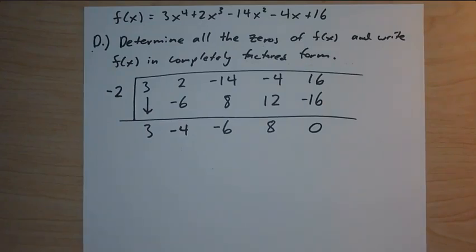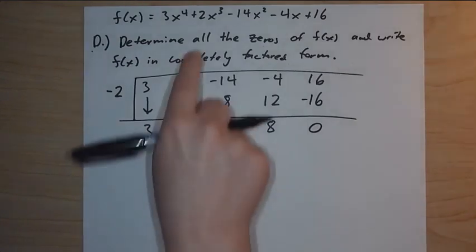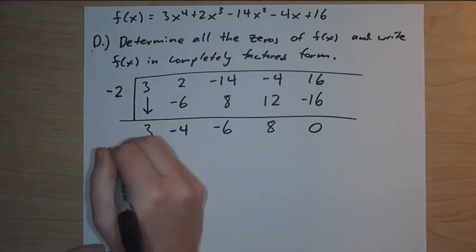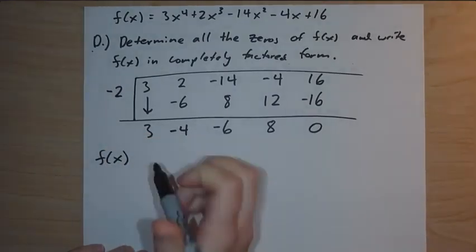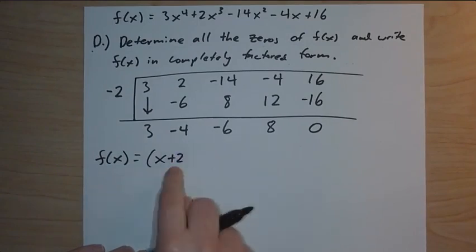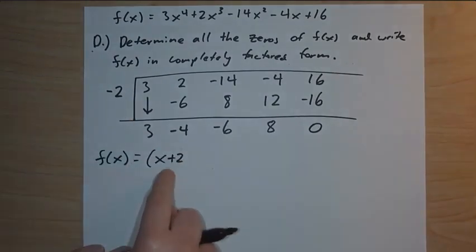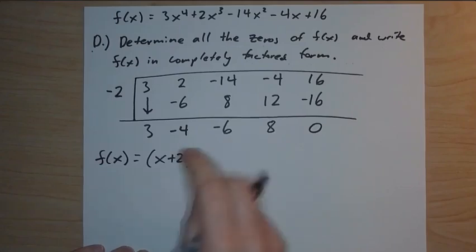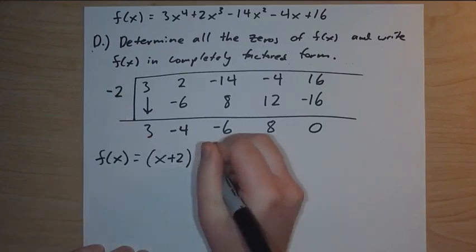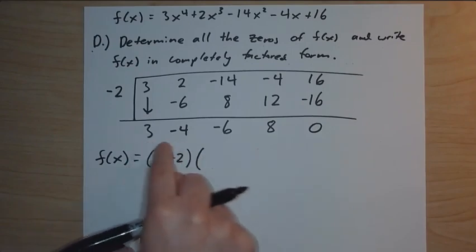So this means that we can rewrite our f of x up here as such. Now that we've divided out a 0, this is x plus 2. So this would be the x is -2. If we put this is equal to 0, we get x is equal to -2. That's why the signs are changed. Times what is left.